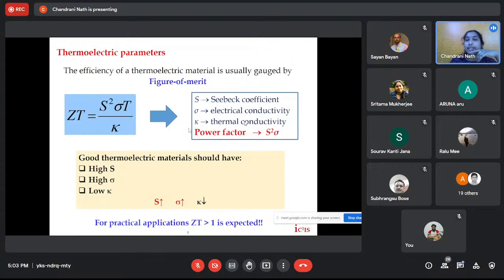The S square sigma term is known as the power factor. As you can see from this equation, a good thermoelectric material should have high S, high Seebeck coefficient, high electrical conductivity, but low thermal conductivity. For practical applications, ZT should be greater than 1.